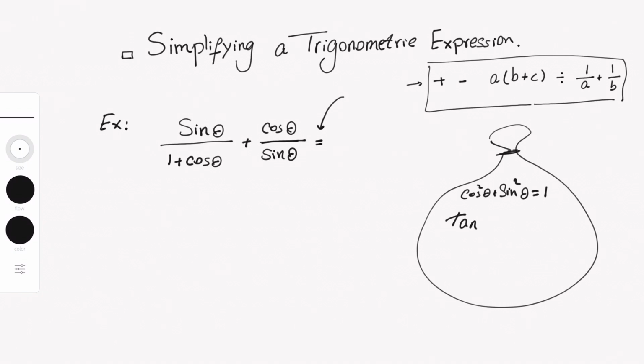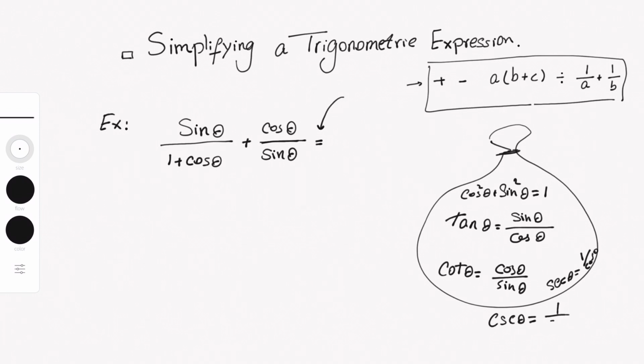We know tangent of theta equals sine theta over cosine theta. We know cotangent of theta is cosine theta over sine of theta. We also know secant of theta equals 1 over cosine of theta, and cosecant of theta equals 1 over sine of theta.